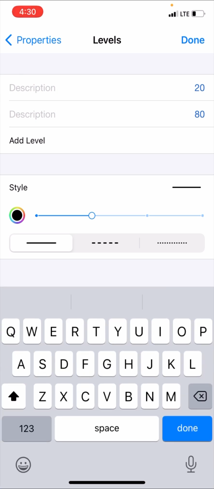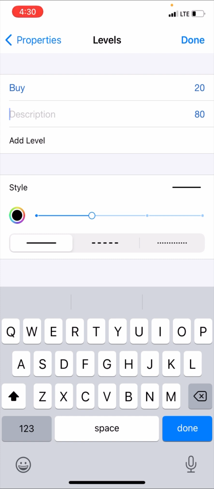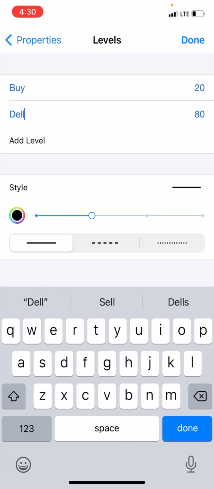So you can label it if you want, to remind yourself that the 20 should be the buy region, while the 80 should be the sell region. You simply use black color. Then just click done when you're done with that.